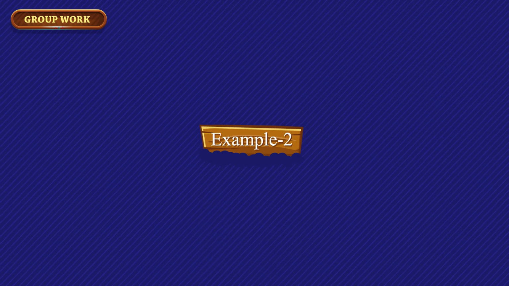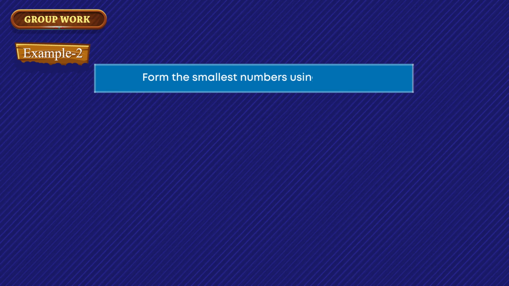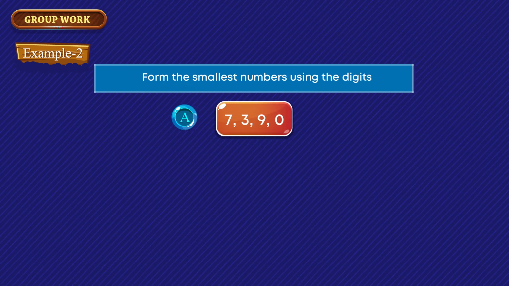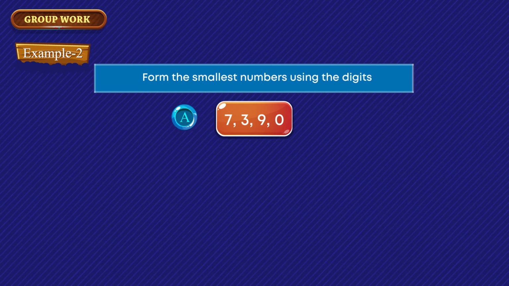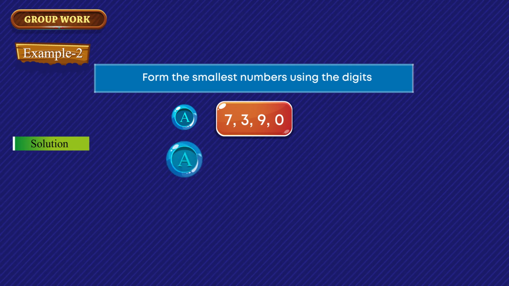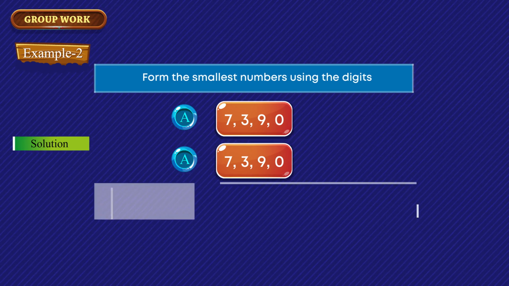Example 2. Form the smallest numbers using the digits. A. 7390. Solution: A. 7390.